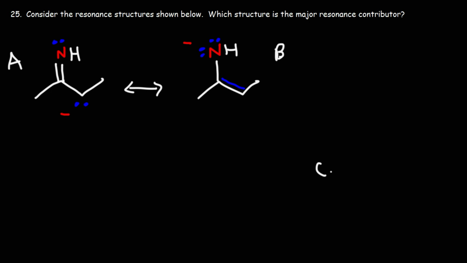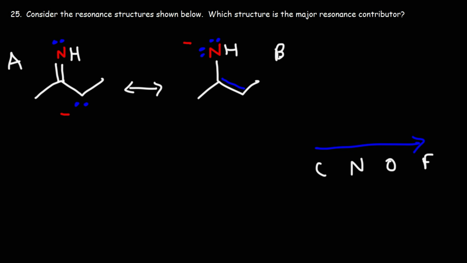Now, on the periodic table, we have carbon, nitrogen, oxygen, and fluorine. Electronegativity increases towards the right. Nitrogen is more electronegative than carbon. And we know that electronegativity is the ability of an atom to attract an electron to itself. Therefore, the atom that is more electronegative can better stabilize the negative charge than the atom that is less electronegative or more electropositive.